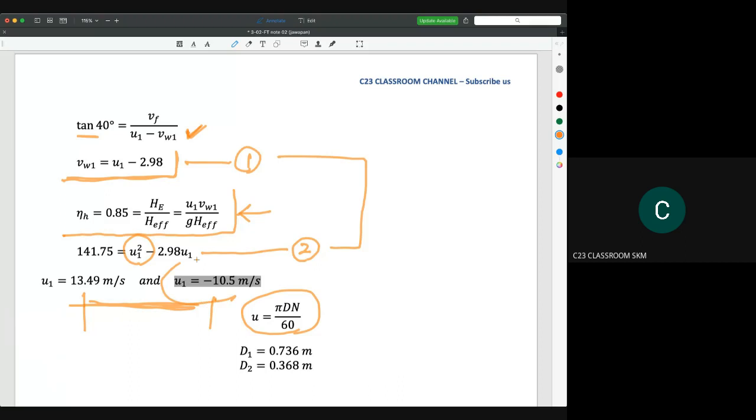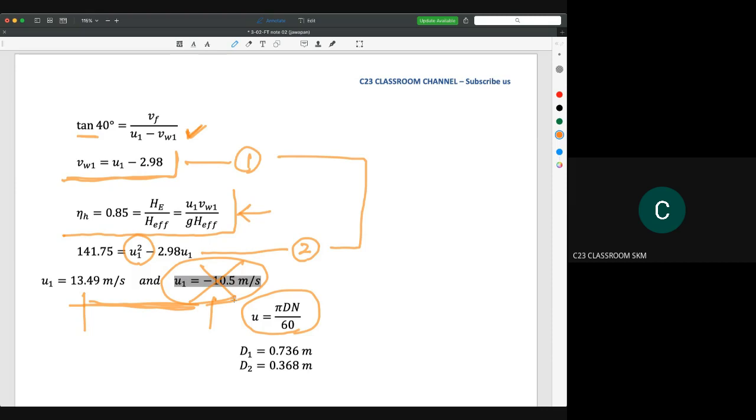If we have one positive and one negative, for sure we could neglect the negative value. If we have two values in positive terms, usually we take the acceptable range of velocity. Usually one is too big or too small and another one is an acceptable value.